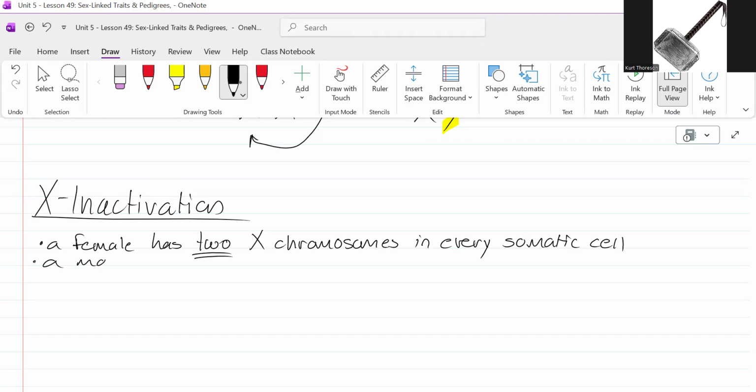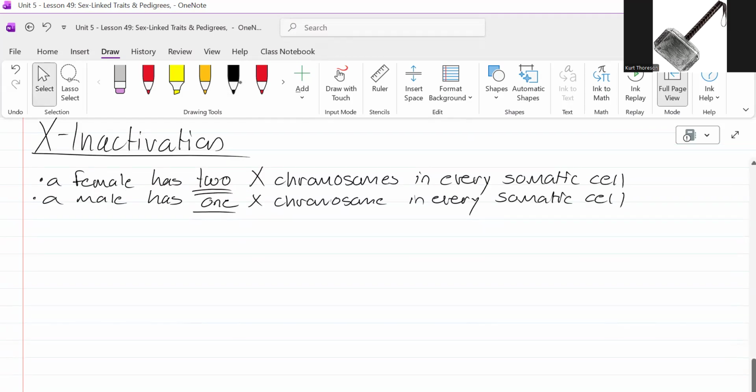A male has one X chromosome in every somatic cell. The other one is a Y, if you're curious. Now, here's where it gets interesting.